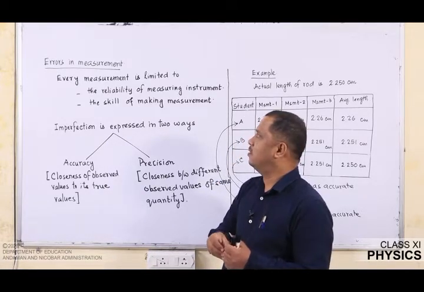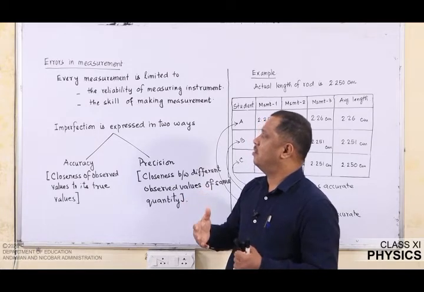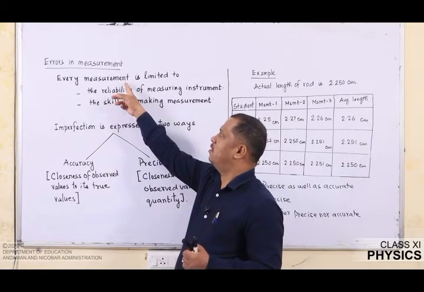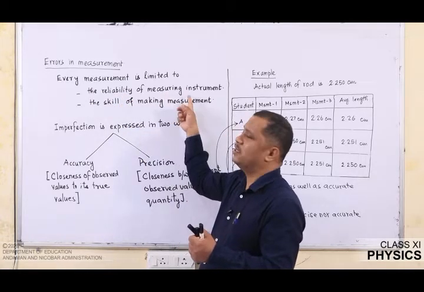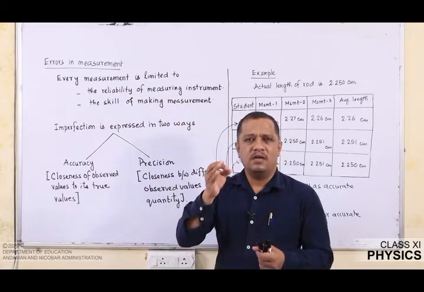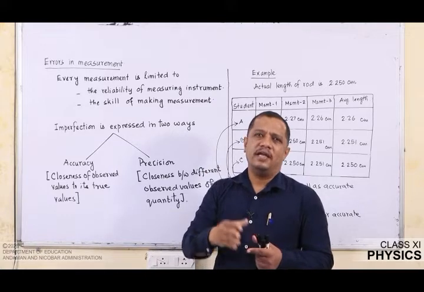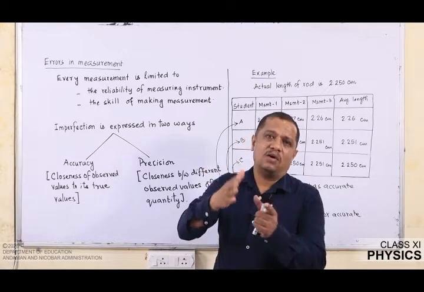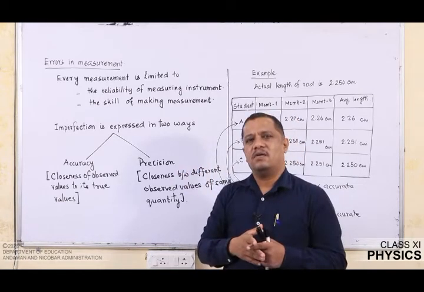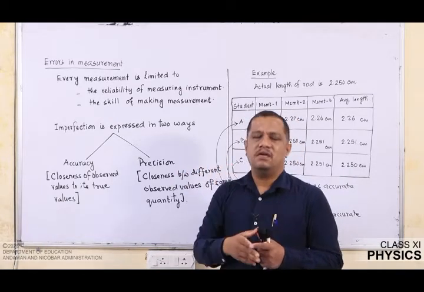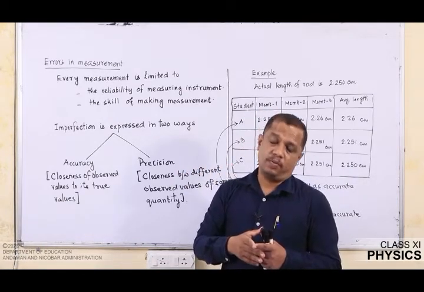Whoever is making a measurement, the measurement depends upon the reliability of the measuring instrument, and every instrument has its own least count. Less than that value we cannot measure. That is one of the limitations of the measuring instrument.